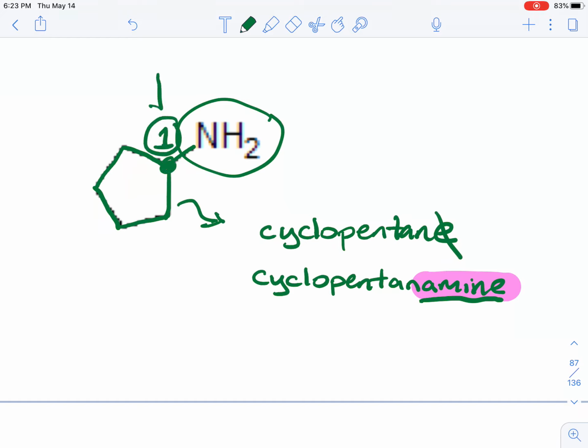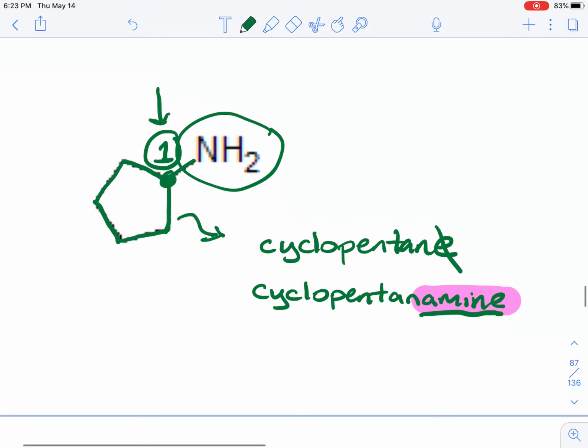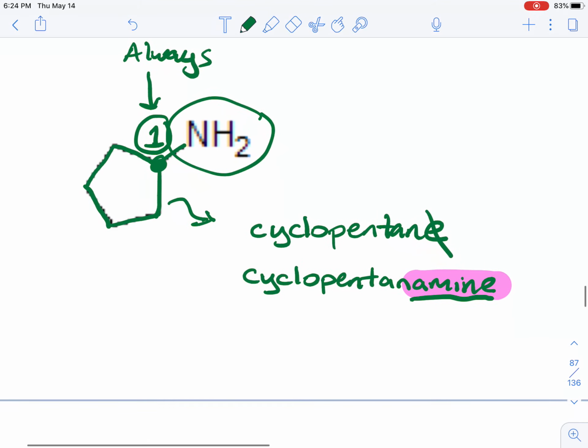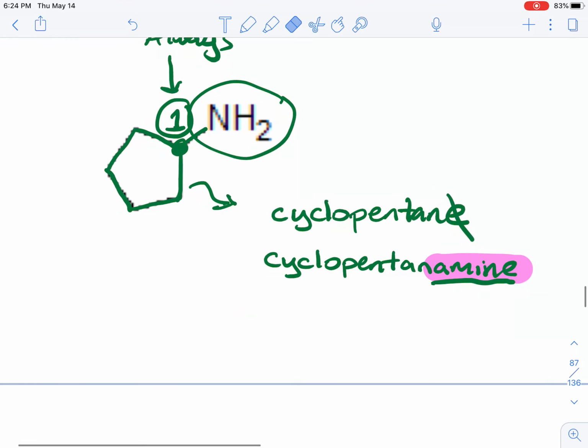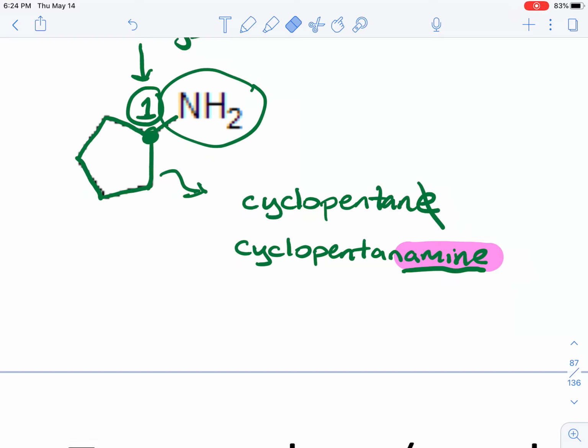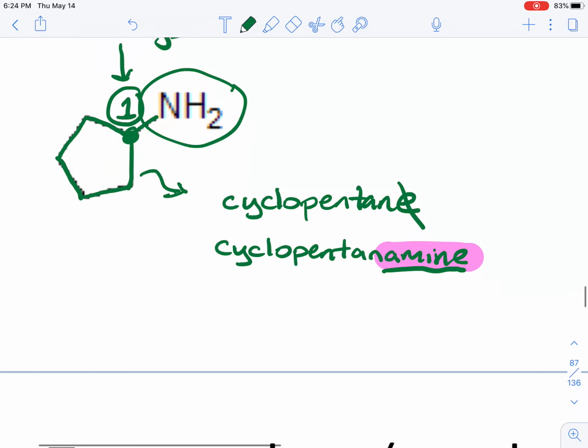And so since this cyclic ring will always have an amine on carbon number 1, there's no need to put a number in front. So typically, one would say 1-cyclopentanamine to indicate that the amine is on the first carbon. Well, since this is a ring, it's automatically implied that the amine is always on carbon number 1. And so the final name to this compound is simply cyclopentanamine.